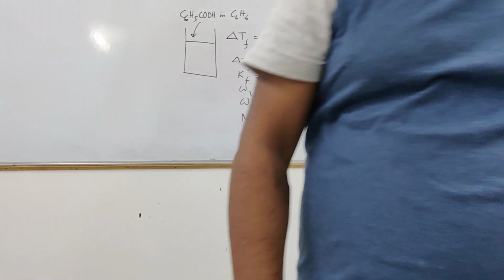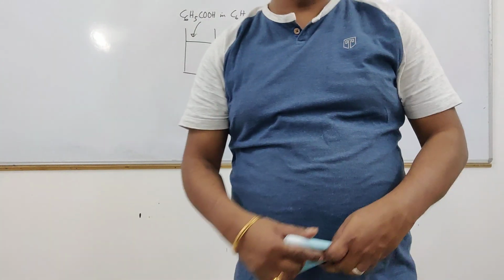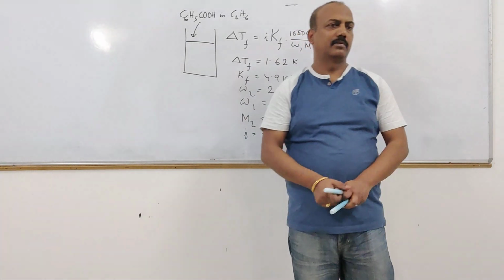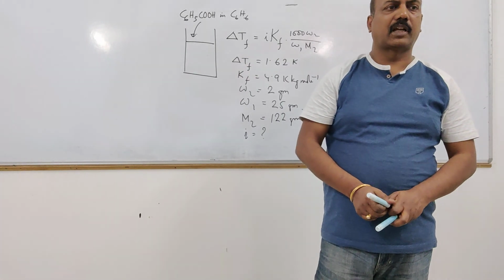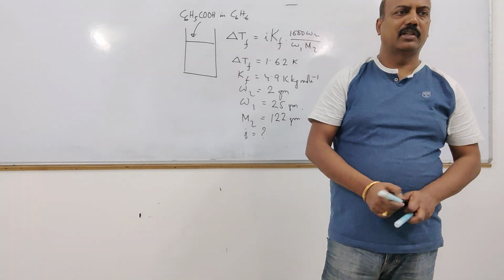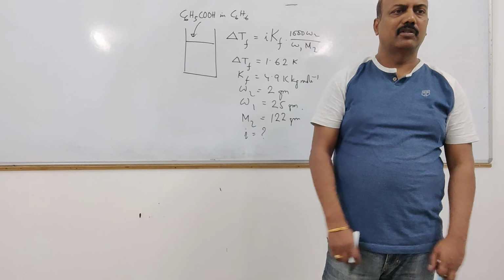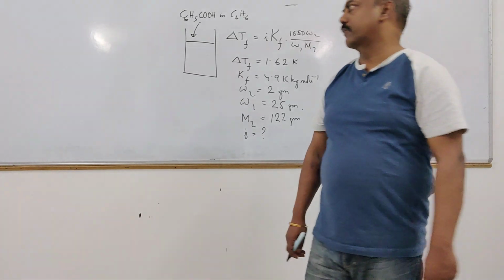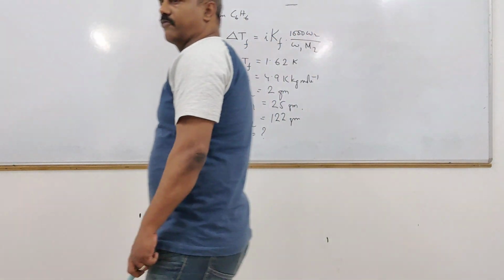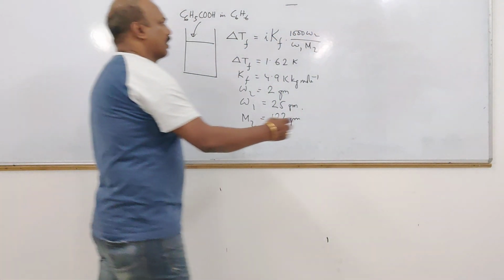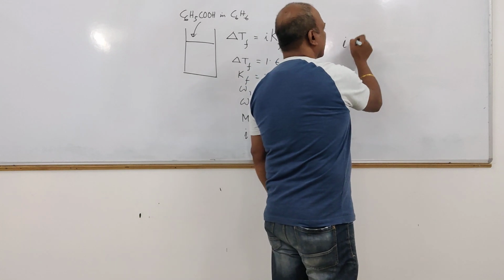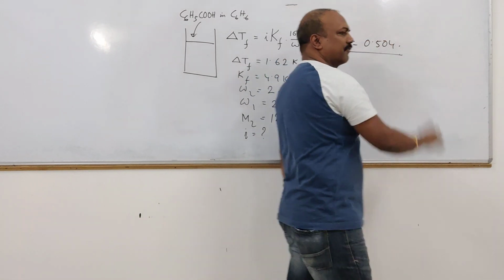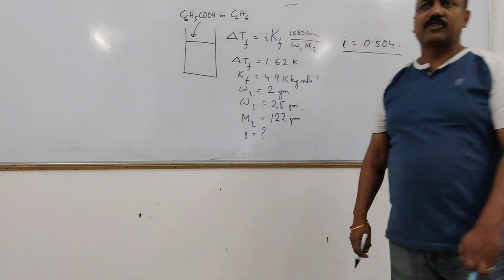Trisha got 0.504? Just pressing the calculator, there's nothing else. Is it fine? Yes, sir. Fine. So I am accepting this 0.504. So i is equal to 0.504. It is expected to be less than 1 and it is found to be less than 1. That's the first part of it.